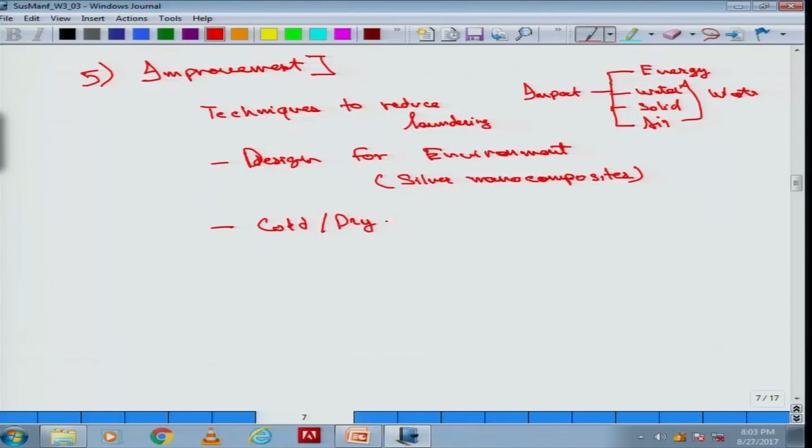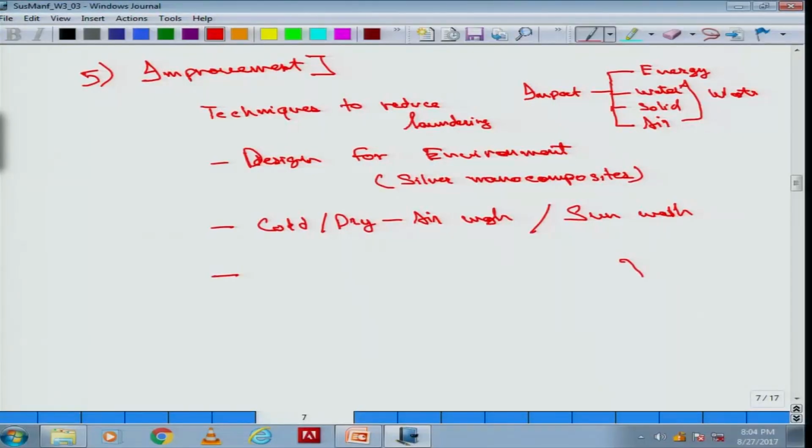Dry wash means air wash, right? Or maybe sun wash, right? Then if we need to choose a washing machine, maybe a front loaded washing machine can be chosen because that consumes less energy. So this is one of the examples here.